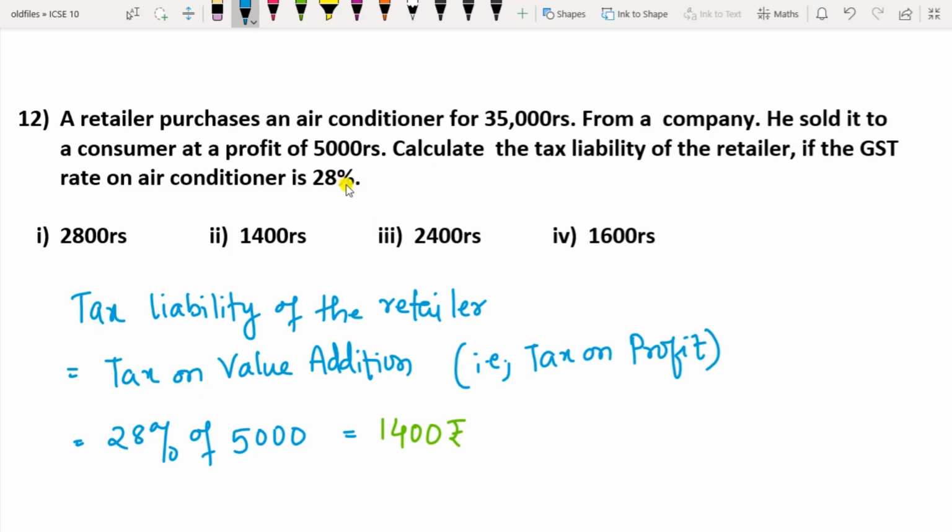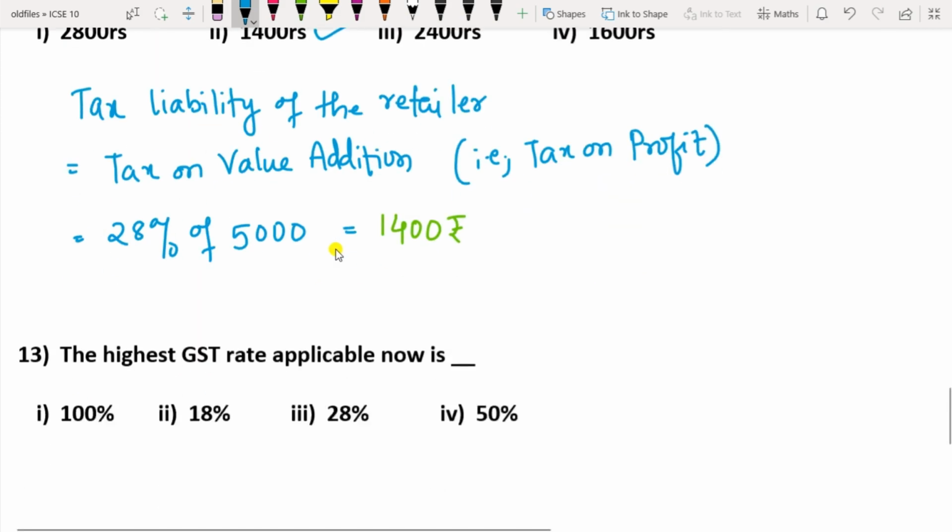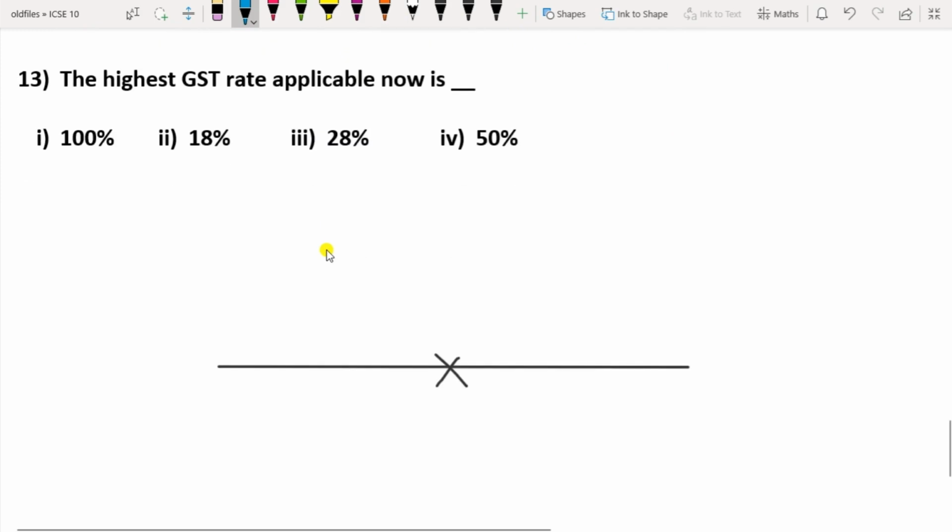So 28% of 5,000 is equal to 1400 rupees. So option 2 is the correct option. The highest GST rate applicable now is 100, 18, 28 or 50. So it is 28%. These were some more MCQs of lesson 1.